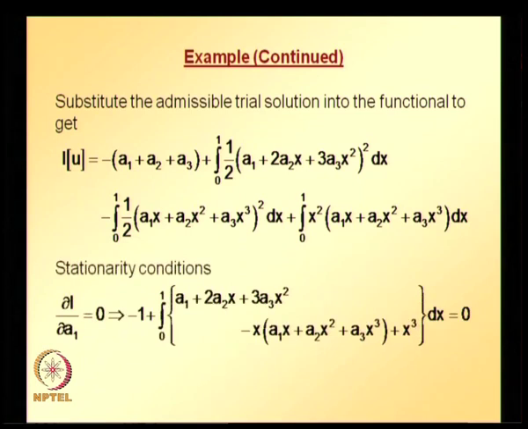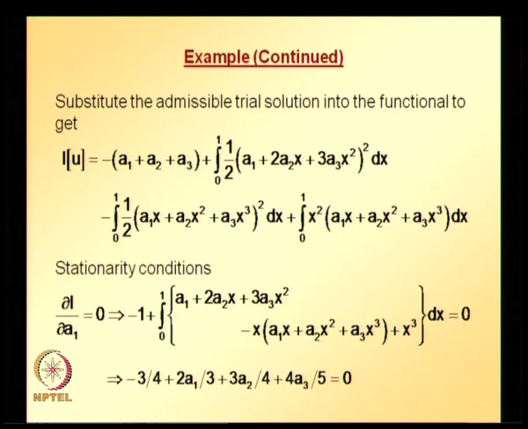And now apply the stationarity condition. We got this equivalent functional, variation of I is equal to 0, that is the condition that is satisfied if each of these conditions, that is partial derivative of I with respect to a1 is equal to 0, partial derivative of I with respect to a2 is equal to 0, partial derivative of I with respect to a3 is equal to 0 are satisfied. So here the first condition is applied, we got one equation, and this results in this equation.